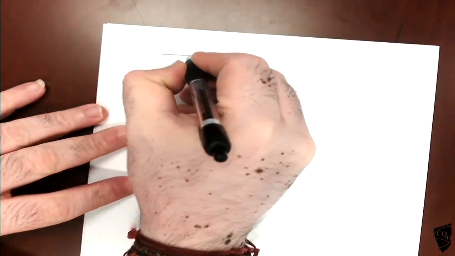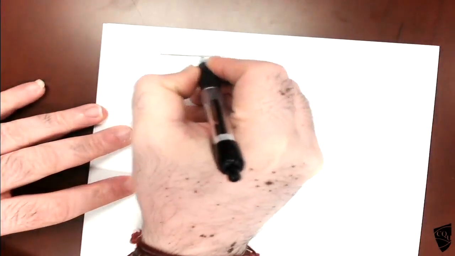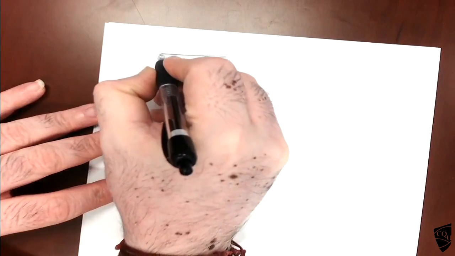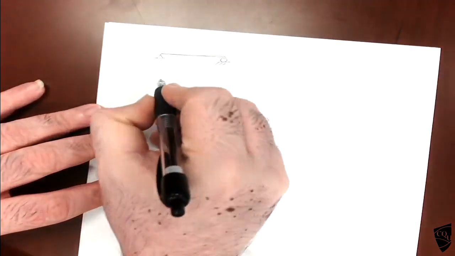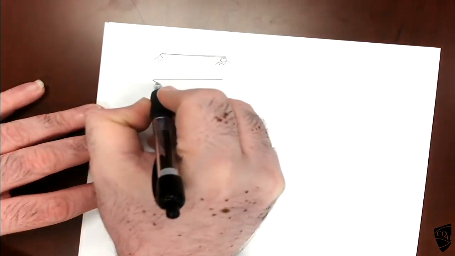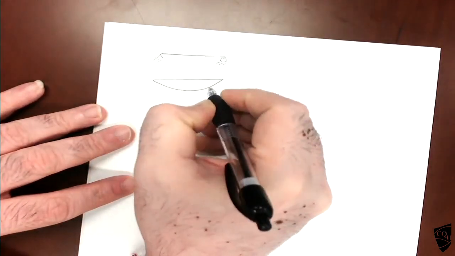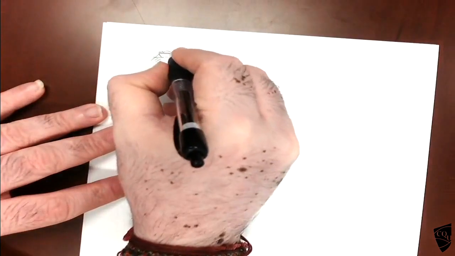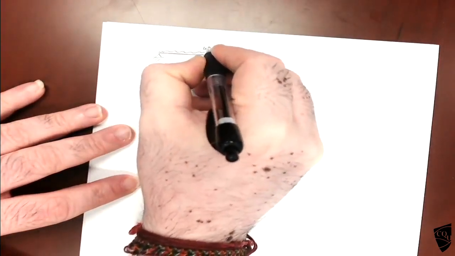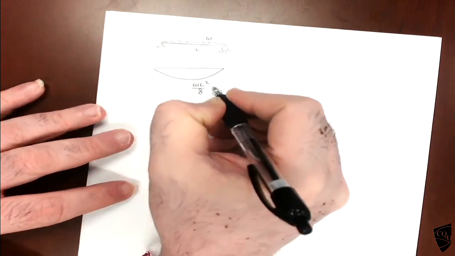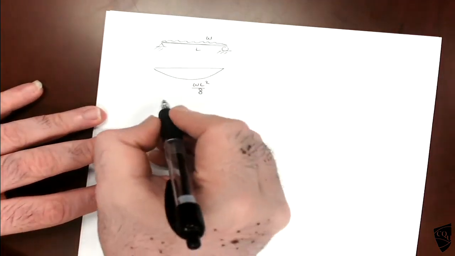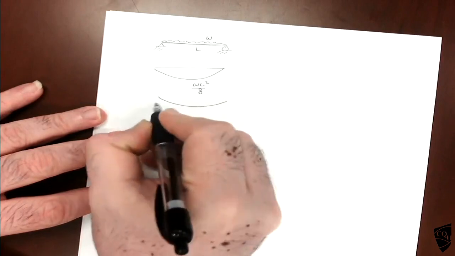Consider a simply supported beam. The bending moment diagram is like this, isn't it? For the loads, the maximum is WL squared by 8. Is that correct? So the beam will bend like this.